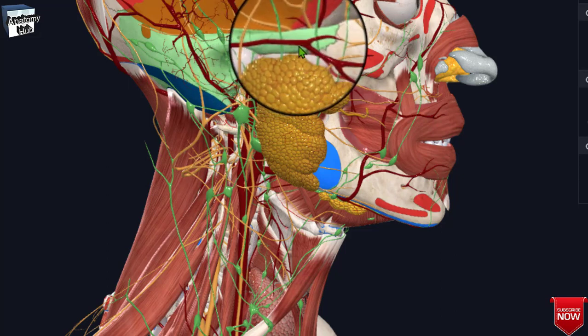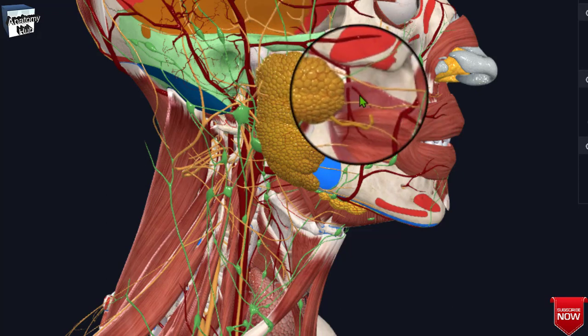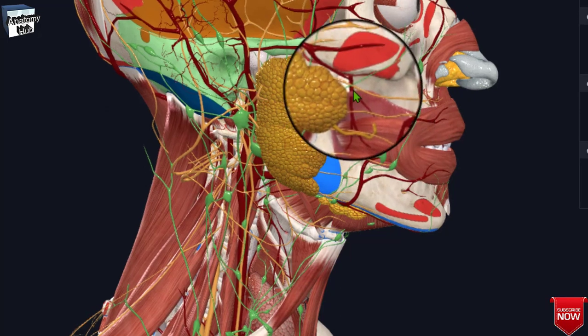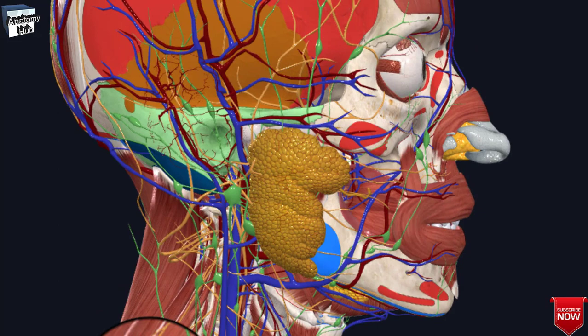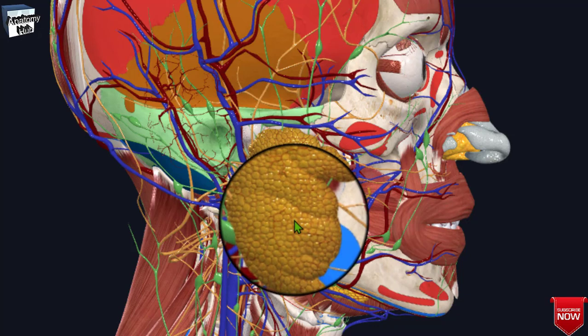This artery not only supplies the parotid gland but also the duct nearby the masseter muscle.